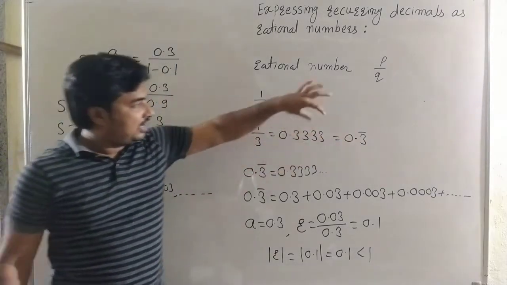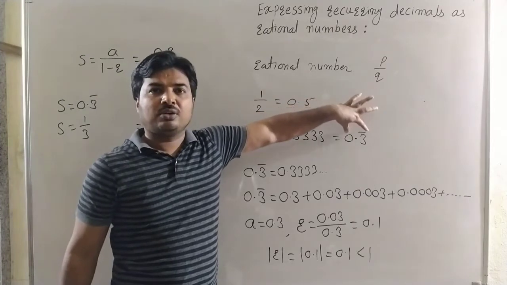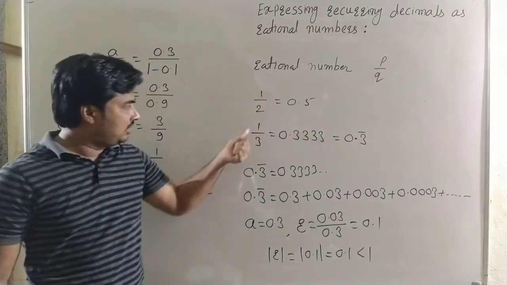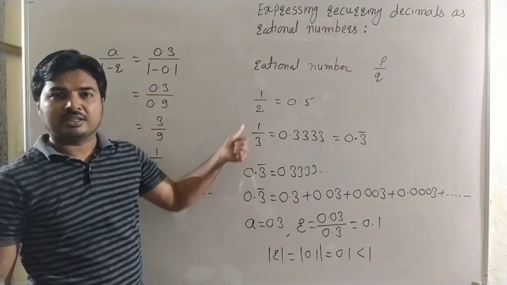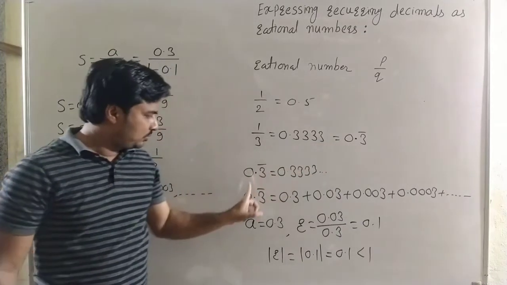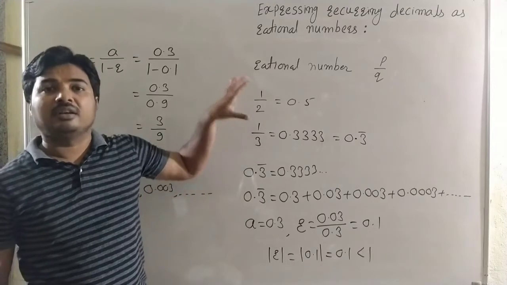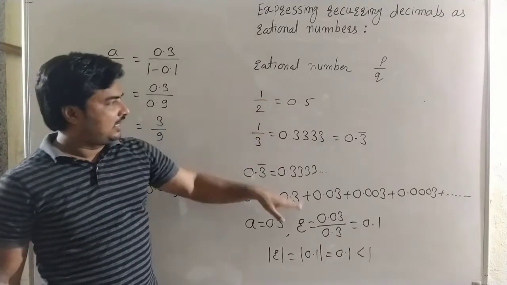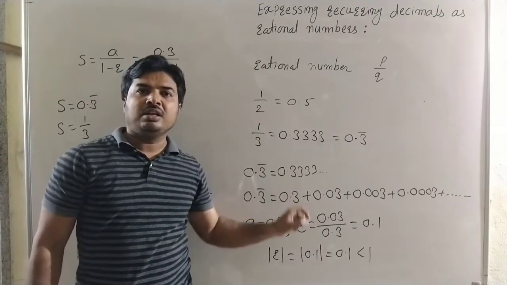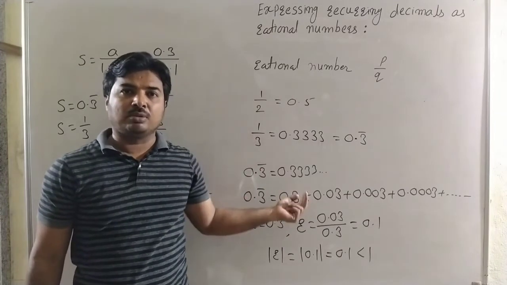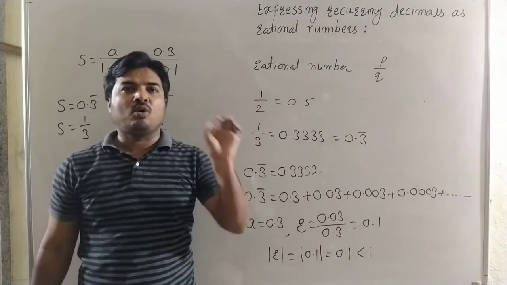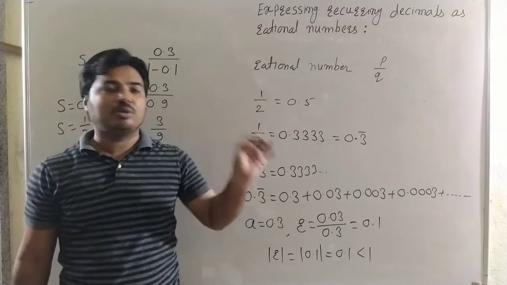Now given our recurring decimal, we converted it into the rational form. To convert a recurring decimal into a rational number, we use the sum of the infinite terms of a geometric progression.